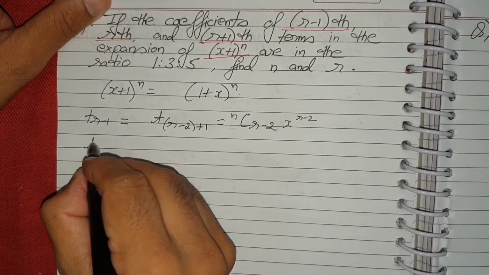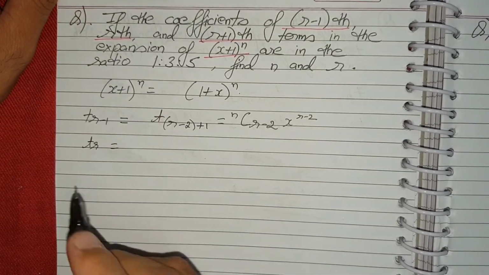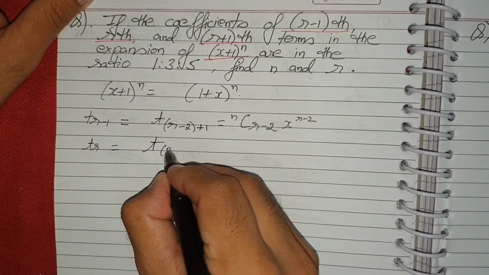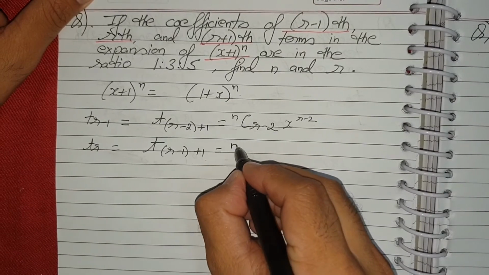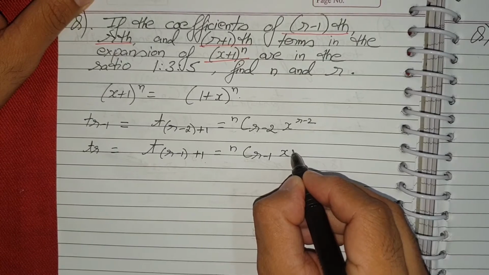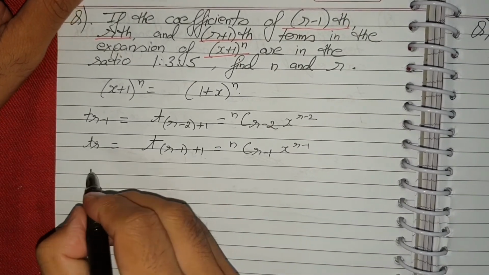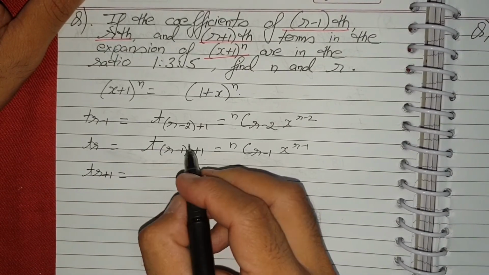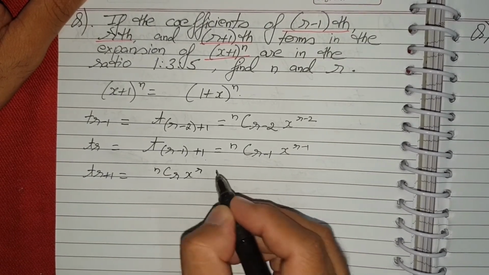For Tr, the rth term, you can write Tr as T(r-1+1). So this will be nCr-1 x^(r-1), and T(r+1) we can just write as nCr x^r.